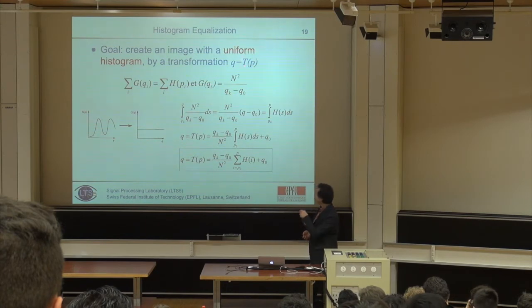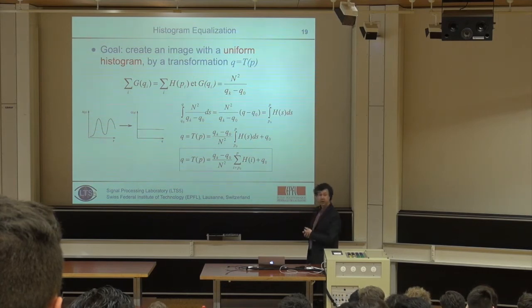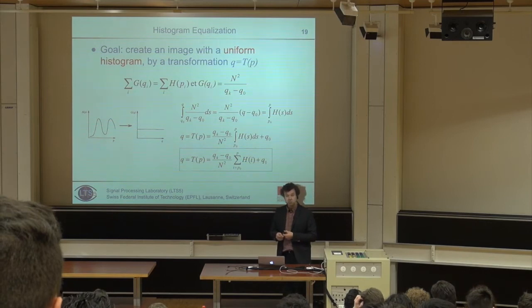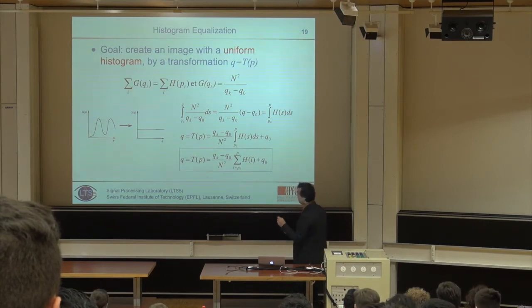I want to find a transformation that implements an output image with that kind of histogram. And you will see why I'm insisting on the fact that this will be true only in a continuous setting. But let's do it.